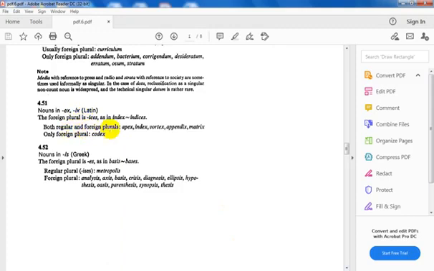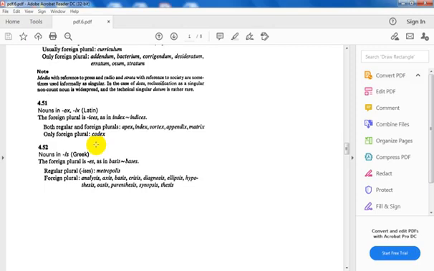Both regular and foreign: apex, either apexes, adding ES, or apices. This X becomes ICES. Index, either indexes or indices. Appendix, either appendixes or appendices. Only foreign: codex, codices. This EX will be ICES.